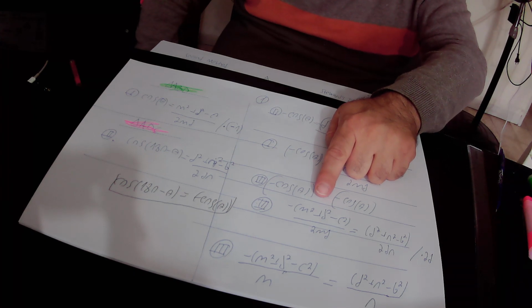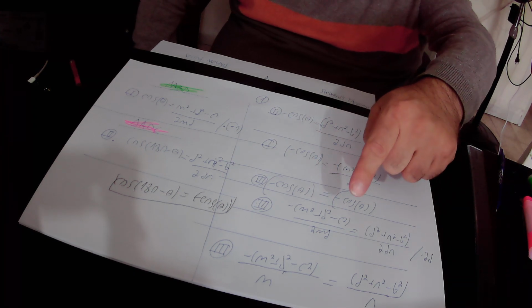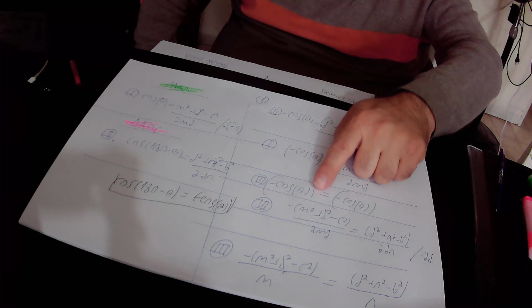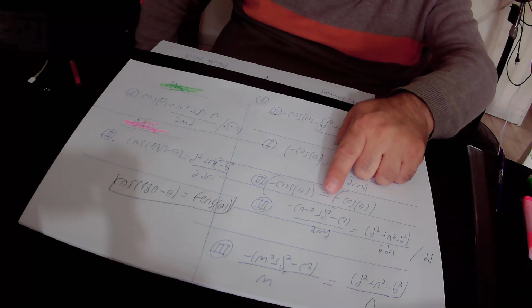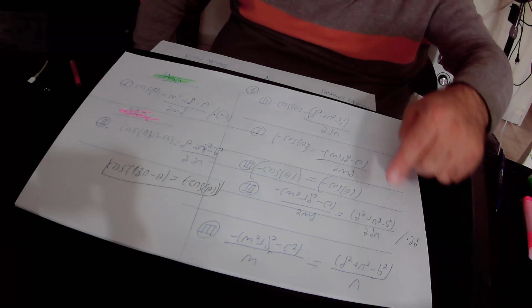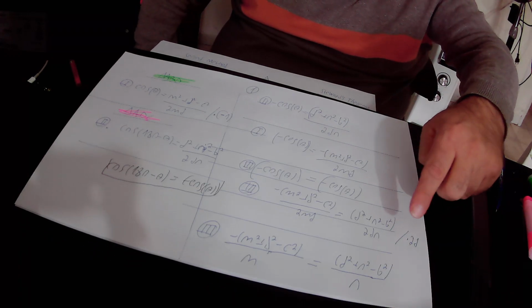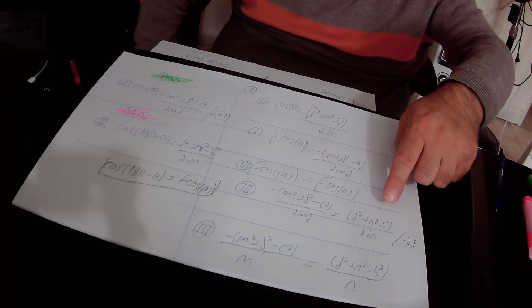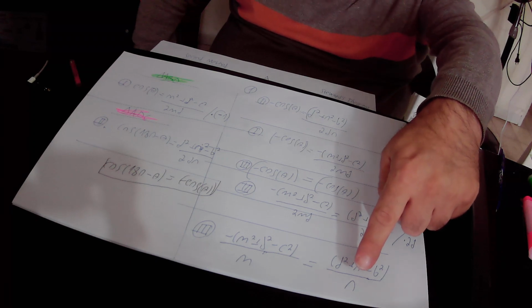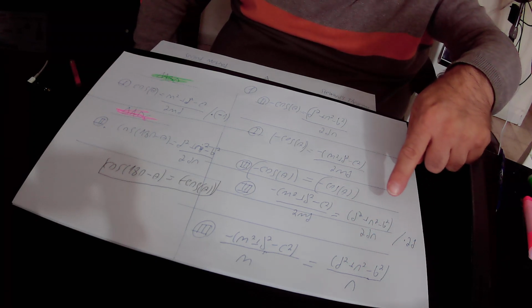2D over 2D is 1, so in the denominator we are left only with M. The numerator didn't change. It stays as minus M square plus D square minus C square. We multiplied also this side of the equation by 2D. 2D over 2D is 1, so in the denominator we are left only with N. The numerator didn't change.